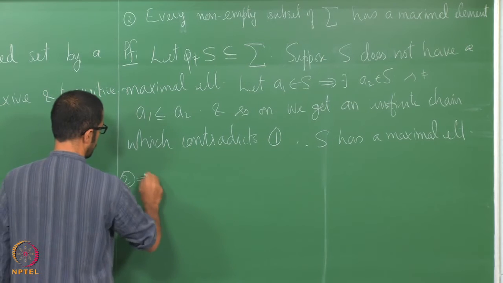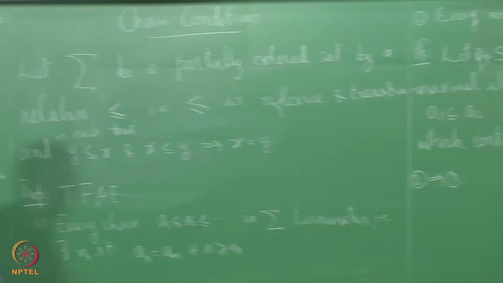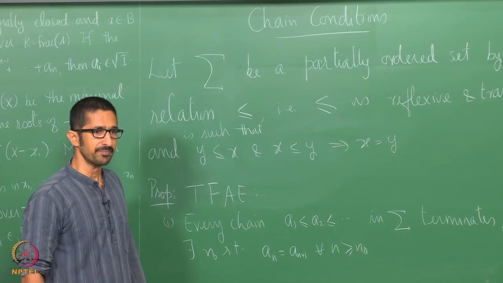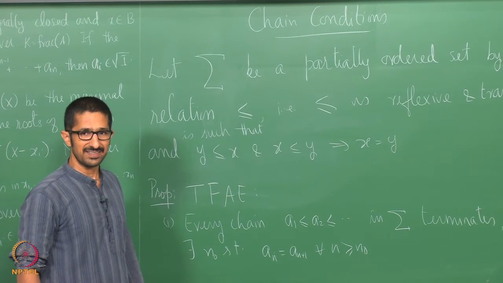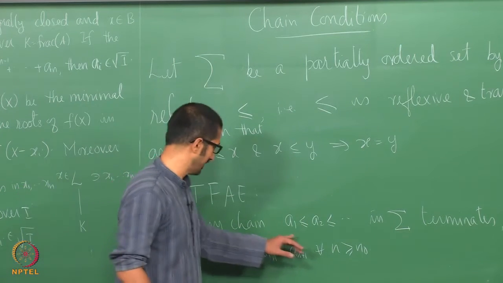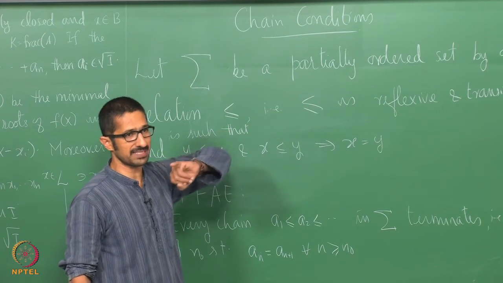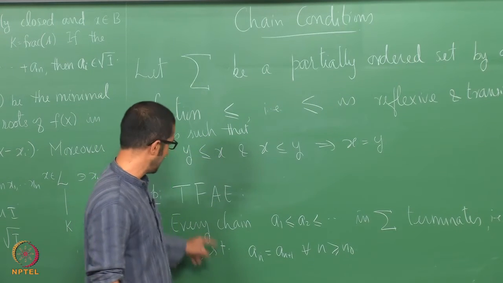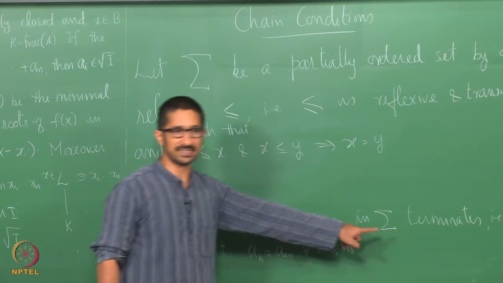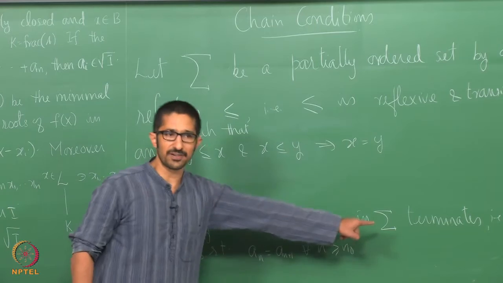Conversely, to prove 2 implies 1, what do I do? Form the subset by A1, A2, the collection of these. Here my assumption is that every non-empty subset of sigma has a maximal element, and I want to say that this chain terminates. So, take S to be the collection of all these elements.